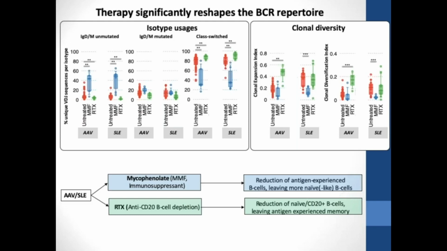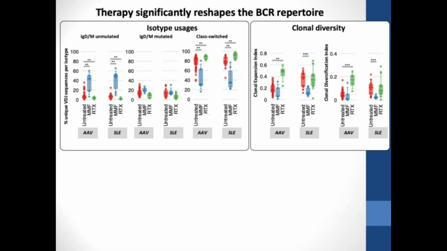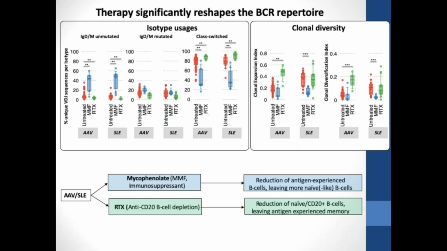On the other hand, rituximab is a B-cell depletion therapy, and despite only a very small number of B cells still remaining in the blood, we get significant B-cell repertoires from them, and they're significantly class switched and clonally expanded.